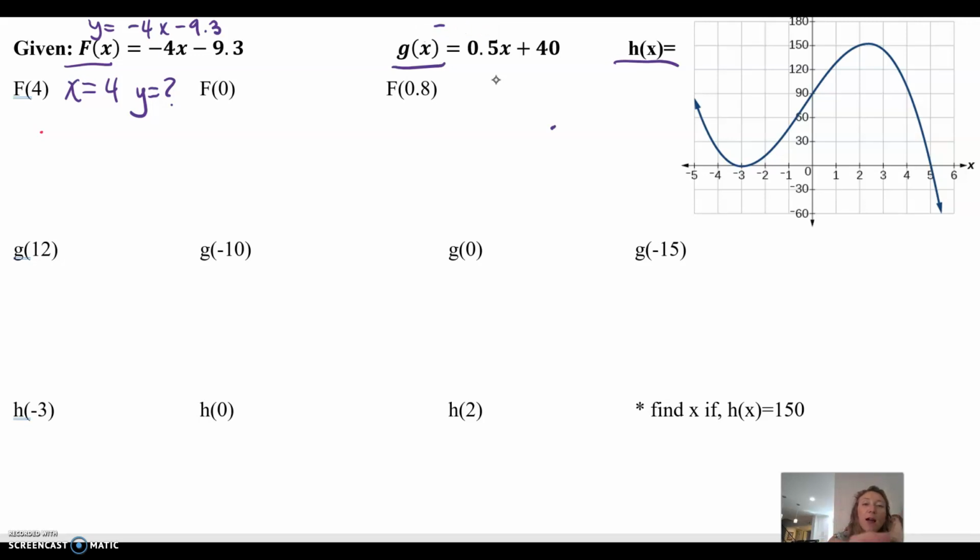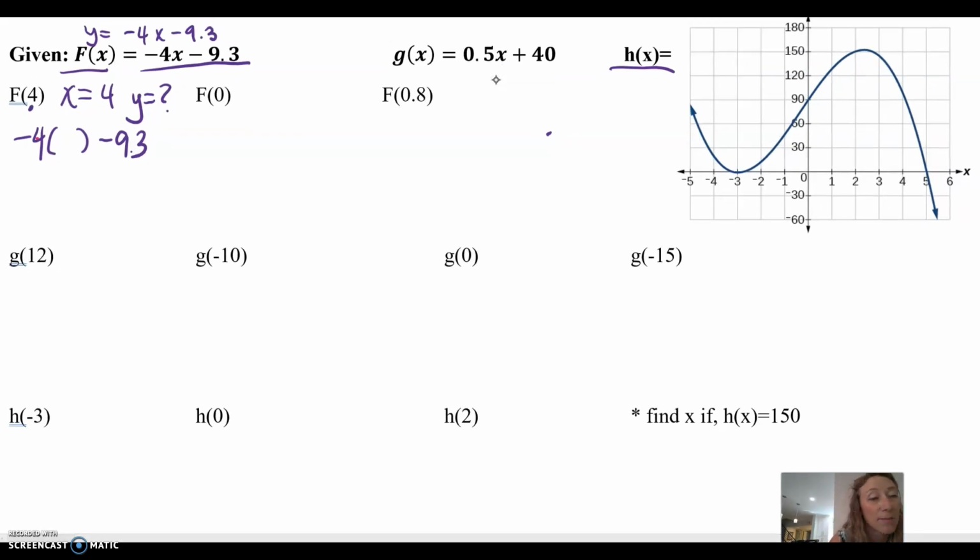I'm going to replace the x in the expression part. I don't need to replace it on the y part. So I just say negative 4 parentheses x minus 9.3. That's the equation. Now I'm going to replace the x with the number we're told, which in this case is 4. Now I just do my calculations.